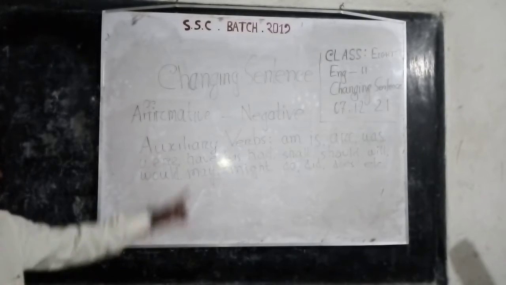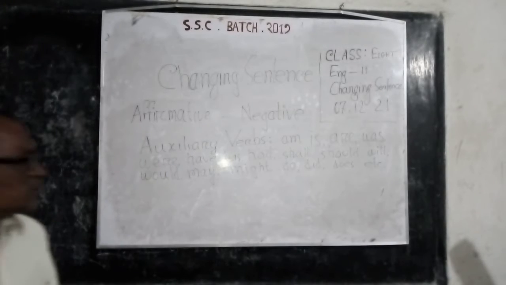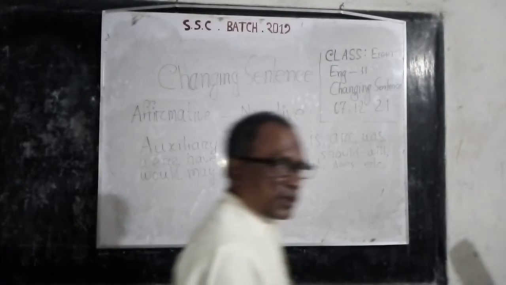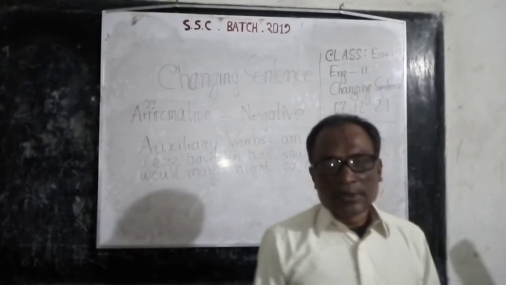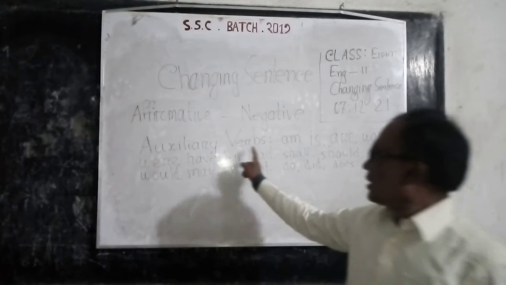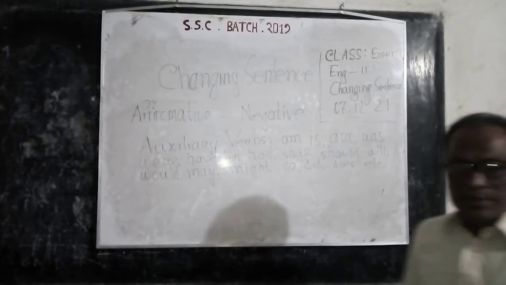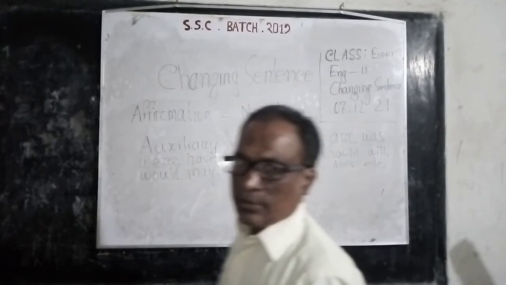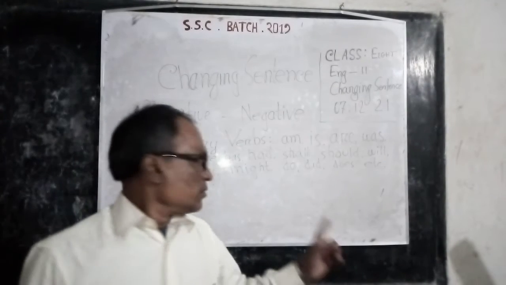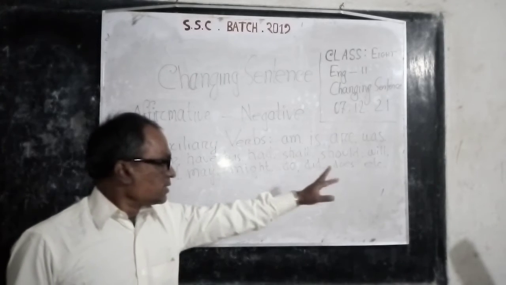Here I write on the blackboard some auxiliary verbs: am, is, are, was, were, have, has, had, shall, should, will, may, might, can, do, did, does, etc.